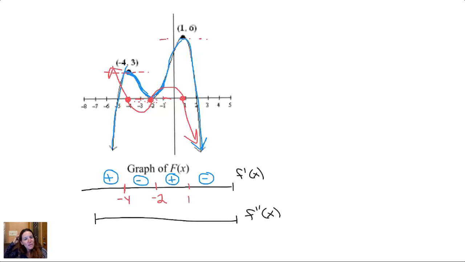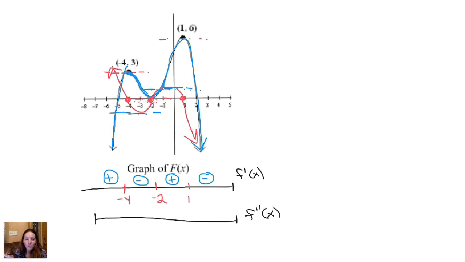So we know that our second derivative is going to have a 0 when the first derivative has a max or min, right? When the first derivative has a horizontal tangent. So we can kind of guess where that is, right? And this is going to be a guess because, again, our first derivative graph is not accurate, really. So we have to kind of guess, but we can get an estimate.